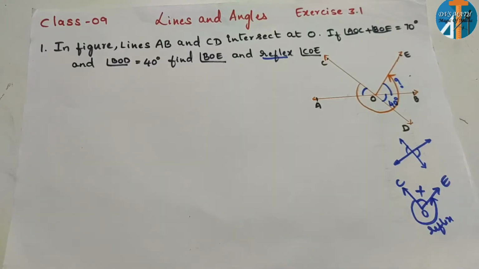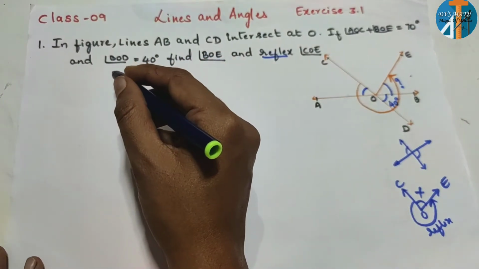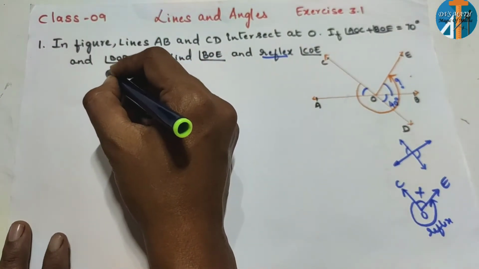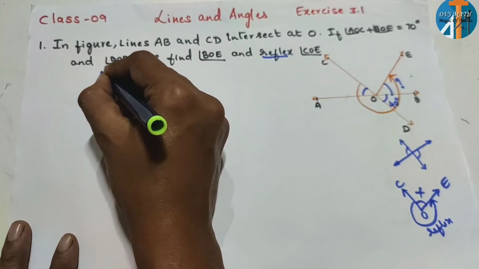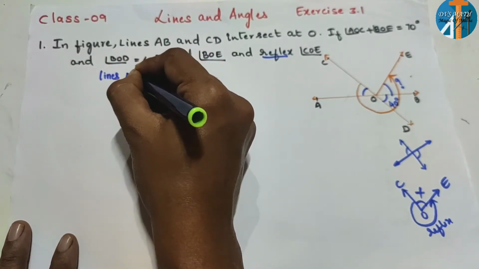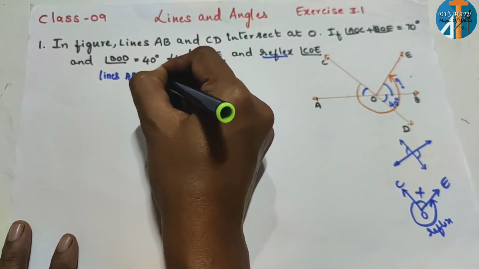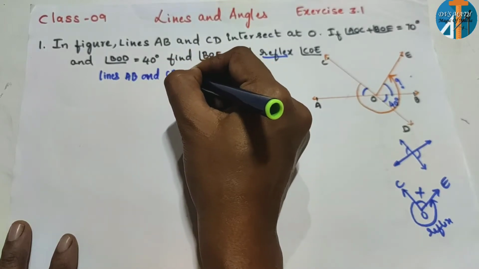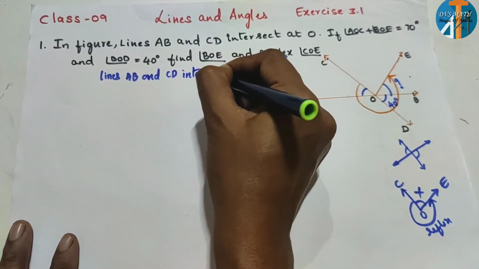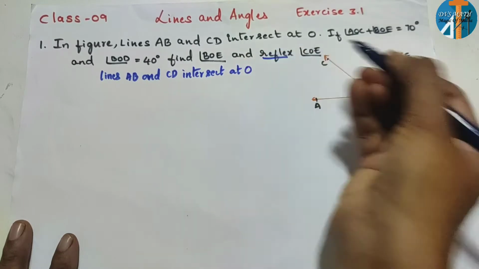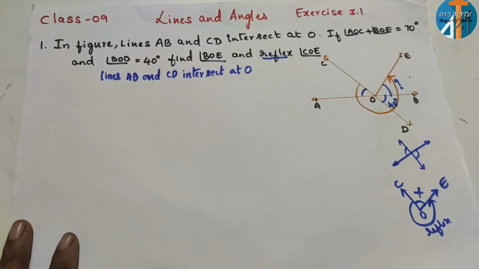So the first statement let us consider, that is lines AB and CD intersect at O. Here they have given lines AB and CD intersect at O, right? Let us write that sentence. Lines AB and CD intersect at O. Why are we considering this statement?